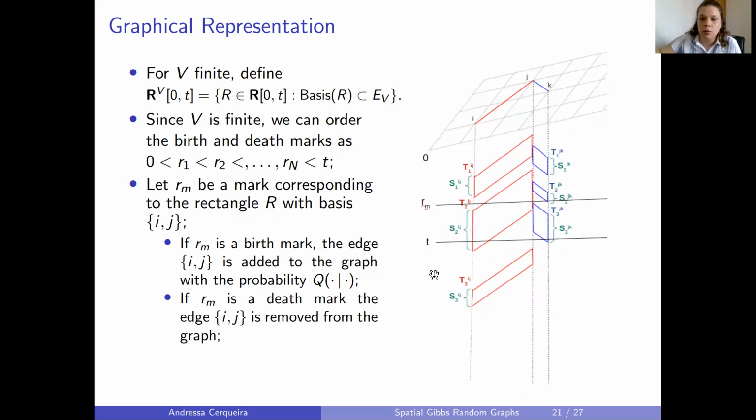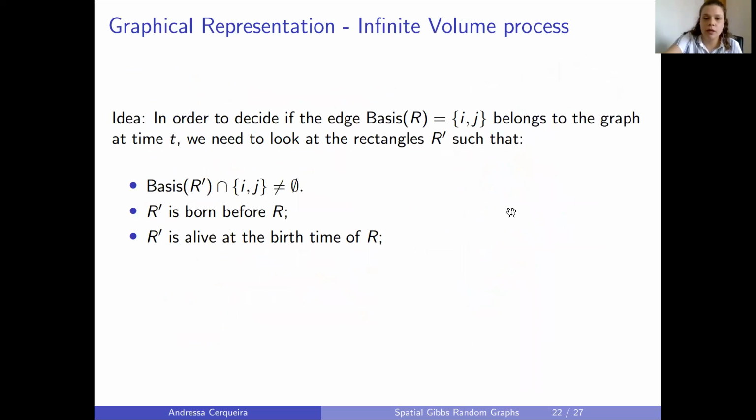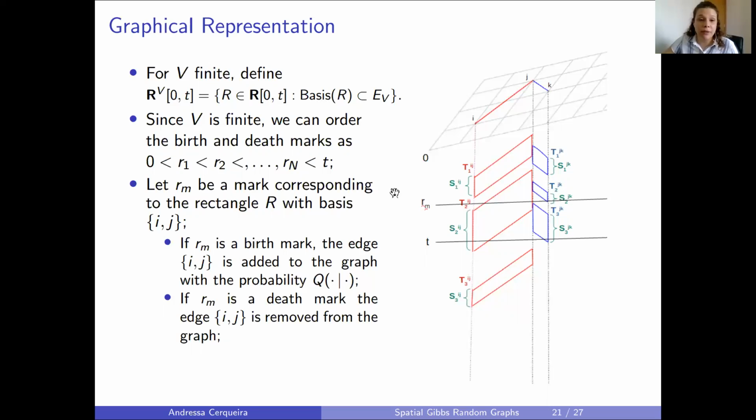Okay, but when R_m is a death mark, so in this case, this is the death mark of this rectangle, again we just remove this edge from the graph. Okay, so this is the dynamics. So we can do this when V is finite, as I said, because we can order the marks. But when V is infinite, we cannot do this construction.